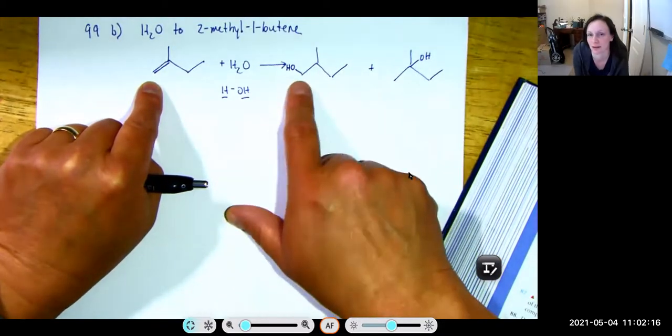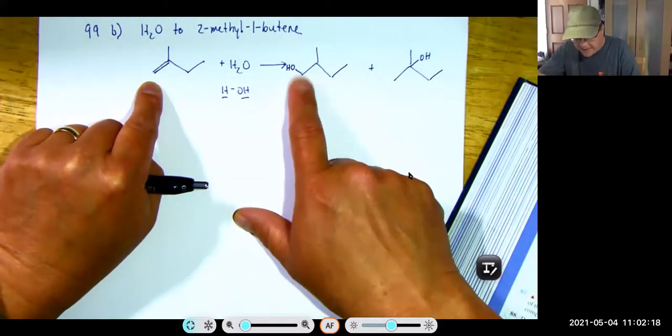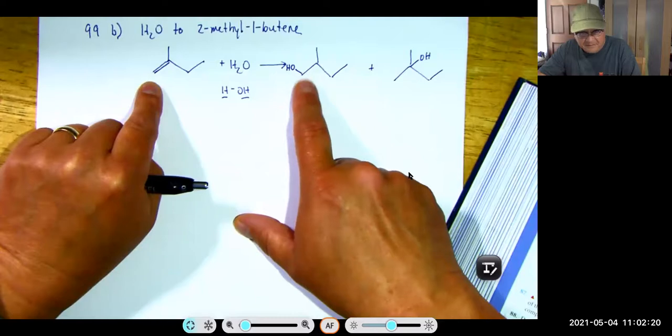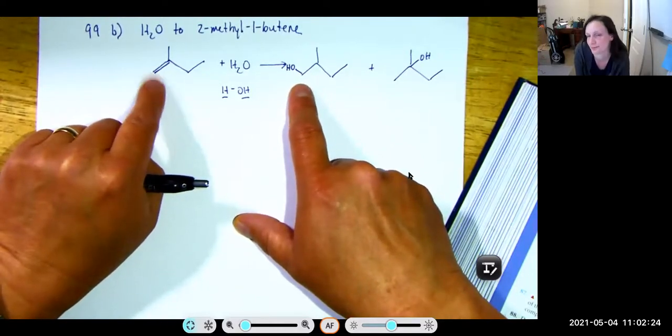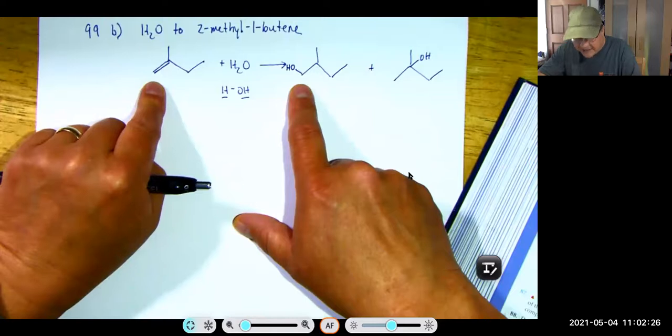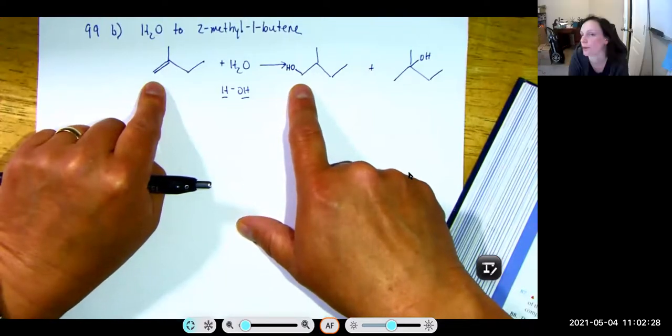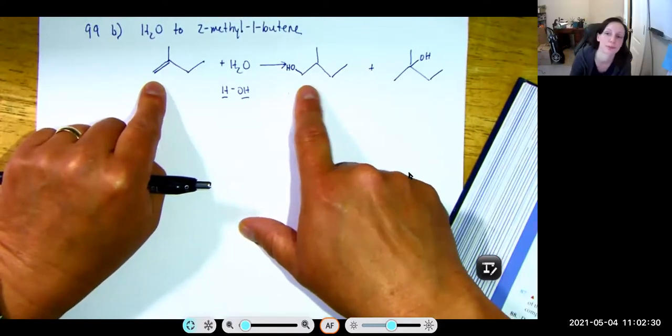So how many hydrogens on that carbon there that I'm pointing at? 2. How many there? 2. So did any hydrogens add here? No.